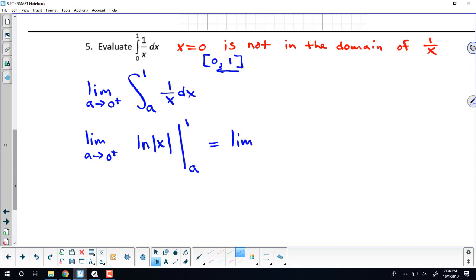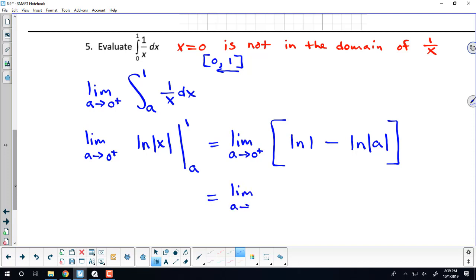Compute the antiderivative first. The limit is always going to be the last thing that you apply here. So we have the limit of the natural log of 1 minus the natural log of the absolute value of a. We technically don't need that because we're approaching 0 from the right. Those are all positive. So you have the limit as a approaches 0 from the right of 0 minus natural log of a.